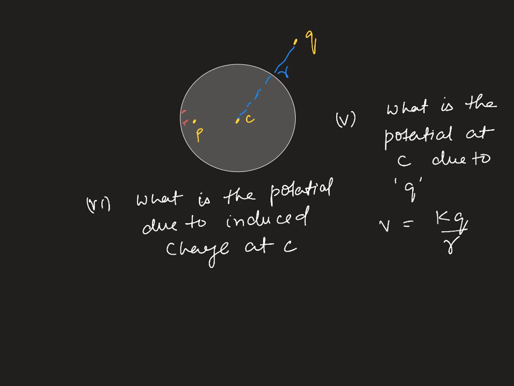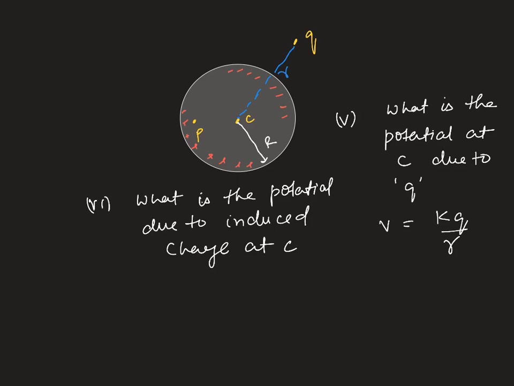There was accumulated positive charge here and there was an equal amount of negative charge here. So that was your induced charge. So we want to know what is the potential at C due to induced charges. For this we'll have to assume the radius of the sphere. So let's say the radius of the sphere is capital R.